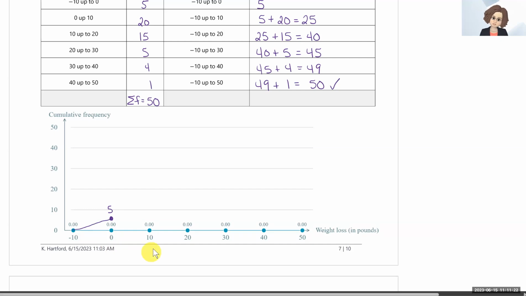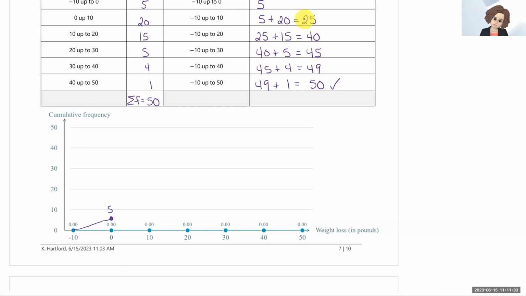All right, and then when we went up to 10 pounds, negative 10 up to 10 pounds, that cumulative frequency was 25. So that point will now be at 25. And then again, we just connect with line segments. All right, and then we had 40.